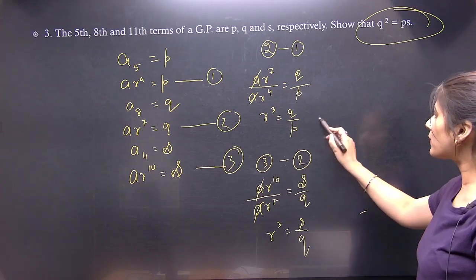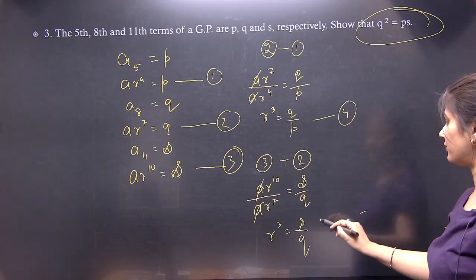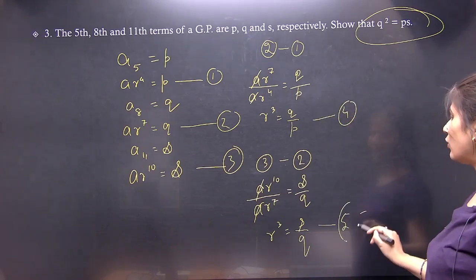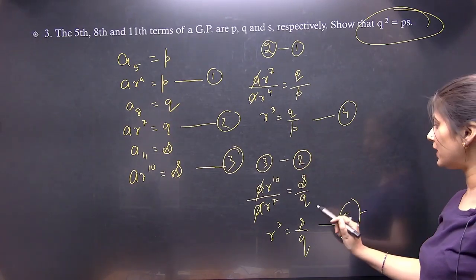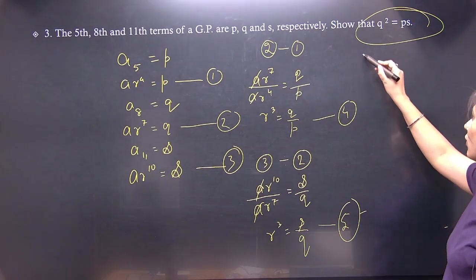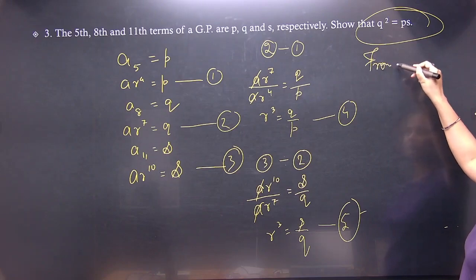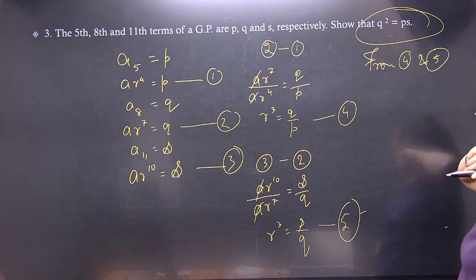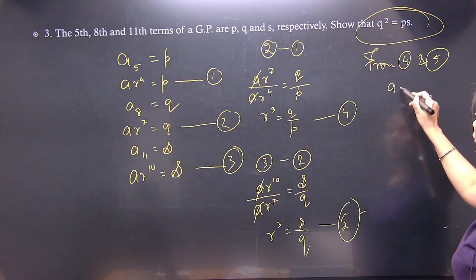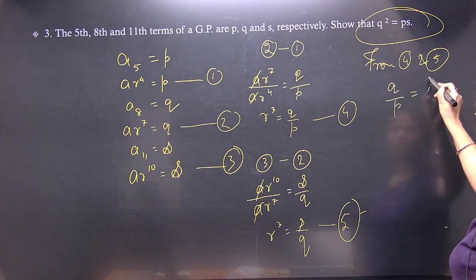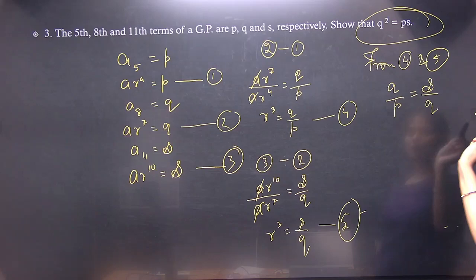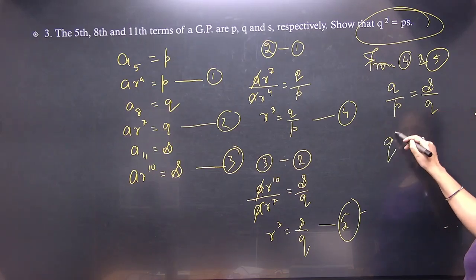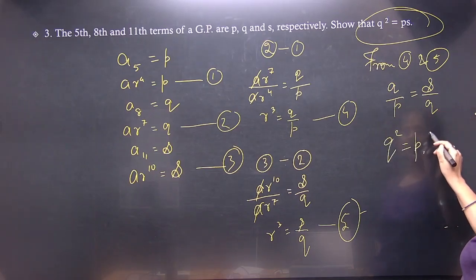See, from equation 4 and 5, we have a value of R cube: Q by P and S by Q. So from equation 4 and 5, we can say Q by P is equal to S by Q. On cross multiplying, it will give Q square is equal to PS.